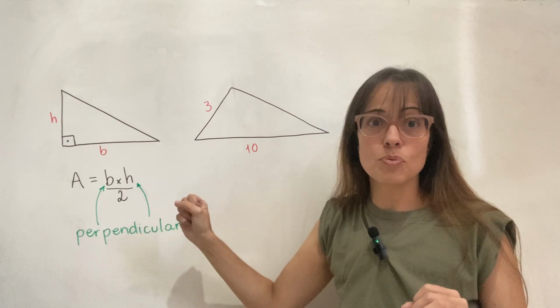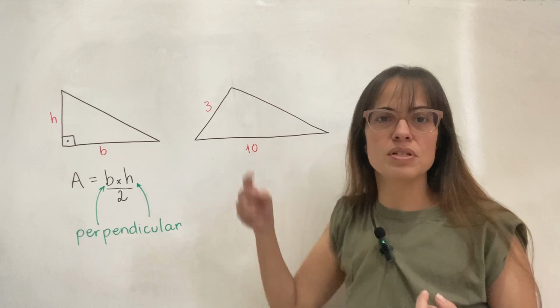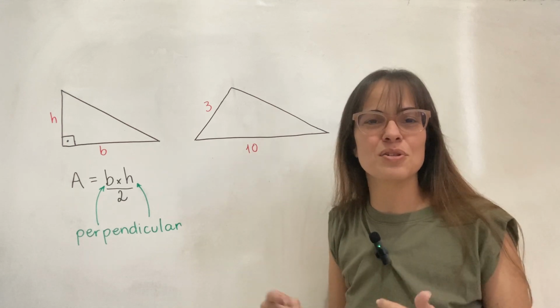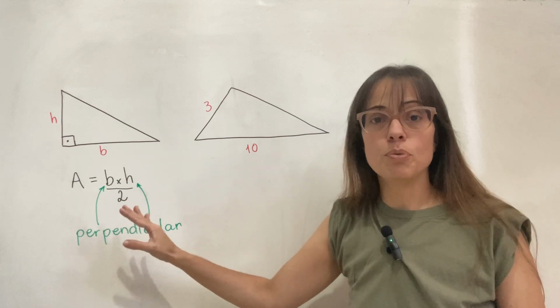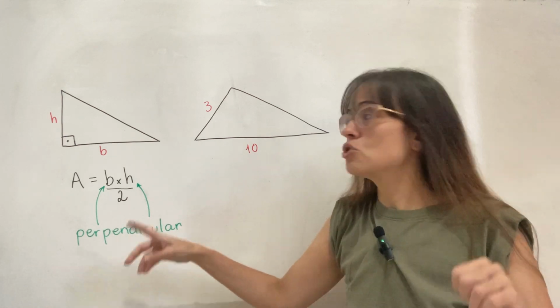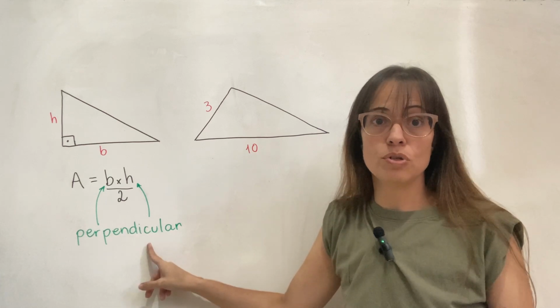So in other words, you cannot look at this triangle and say 10 times 3 divided by 2 is 15, so the area of this triangle is 15. That's wrong, because that formula is not talking about two sides, it's talking about base and height, which are two things that are perpendicular to each other.